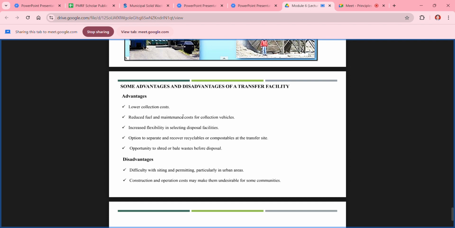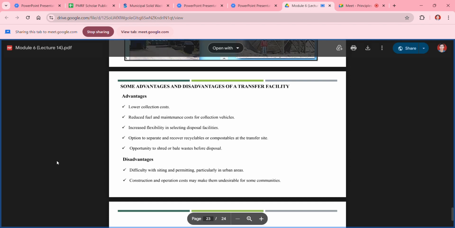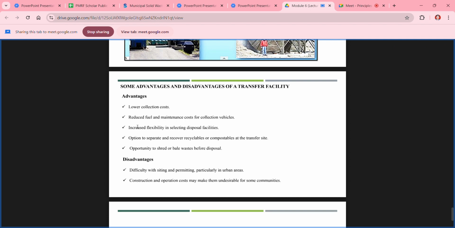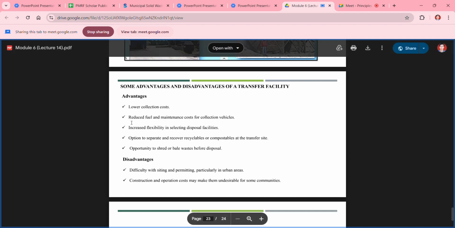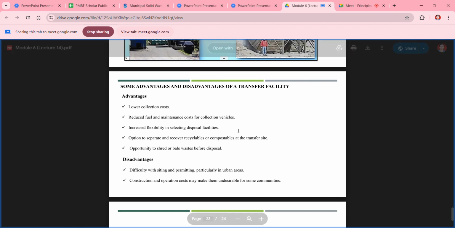So it can lower collection cost because you don't have to go around 60 kilometers every time, and with a much lower capacity truck.